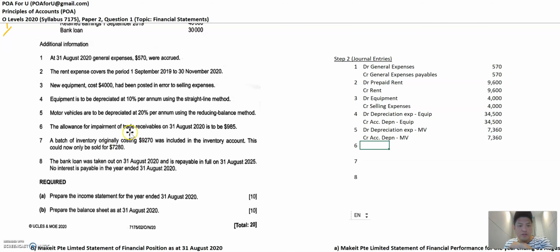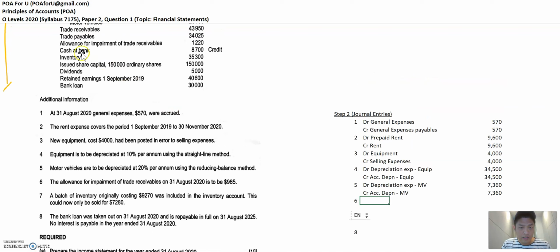Allowance for impairment of trade receivables is to be 985. So this allowance account is a balance sheet account, and this adjustment tells you that whatever the balance was before, it's got to be 985 by the end of this financial year, right? So you got to adjust it upwards or downward depending on where the starting point is. So let's go and see what the starting point is. The starting point of allowance is 1220. So you're adjusting it down, right? Allowance is a credit in nature item.